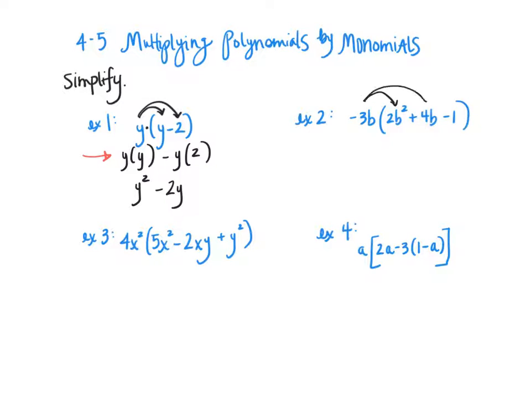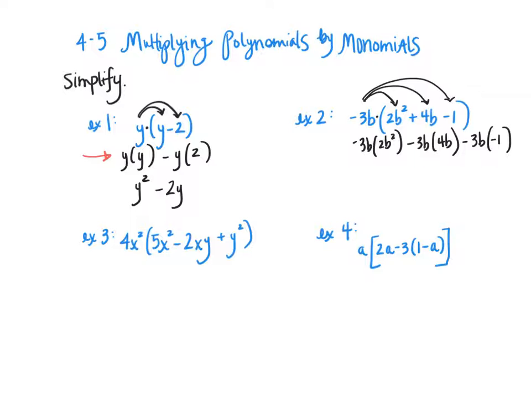So we're going to distribute it, which means negative 3b times each of these terms. If you were to write out your steps, it would be negative 3b times 2b to the second minus 3b times 4b minus 3b times a negative 1.